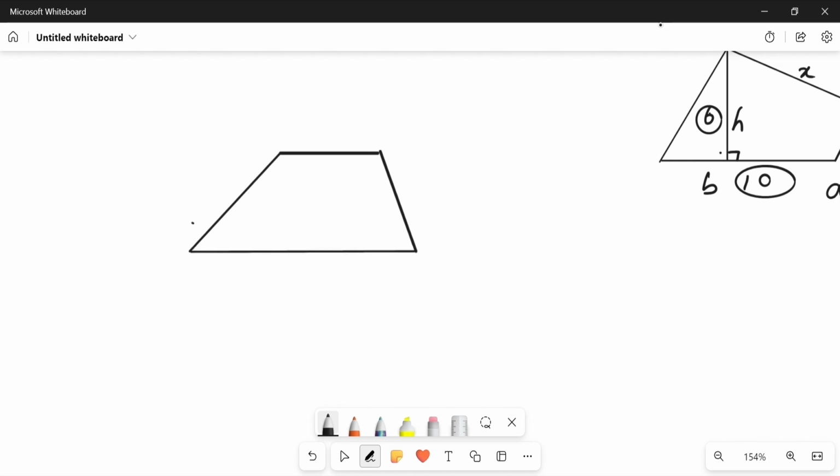One pair of opposite sides are parallel. This is called trapezium. In trapezium, this is say 10 centimeter, this is 6 centimeter. The perpendicular height is given here, 8 centimeter.